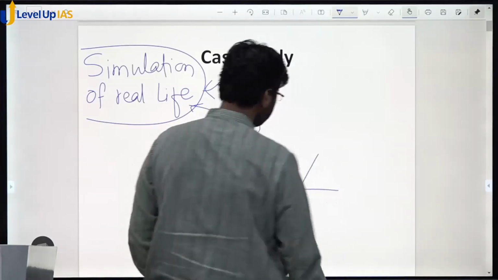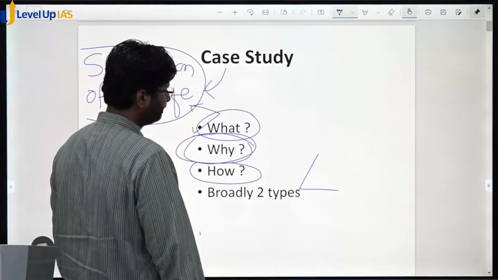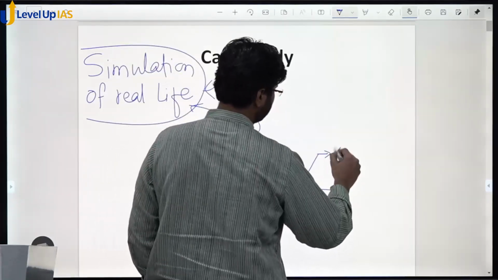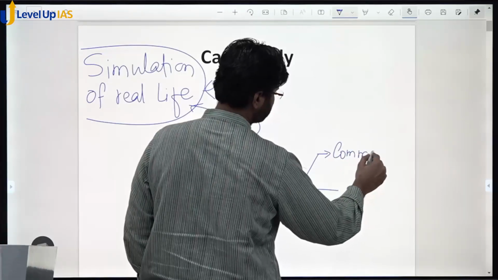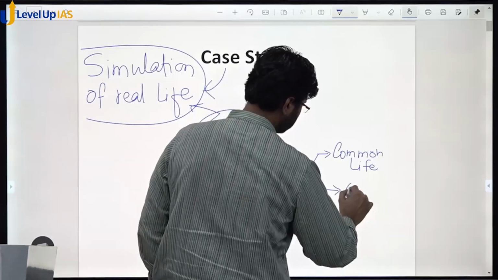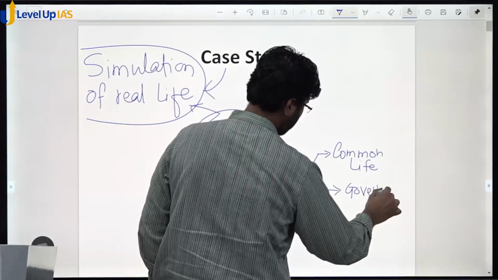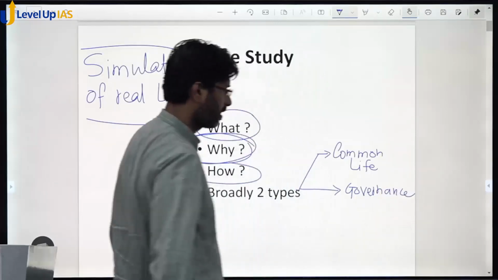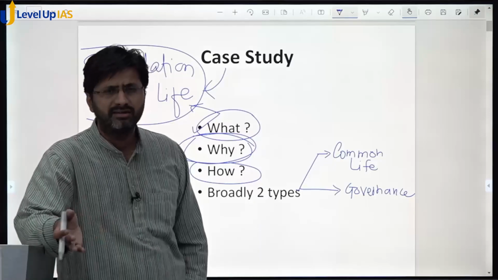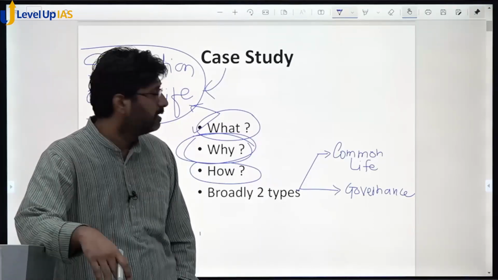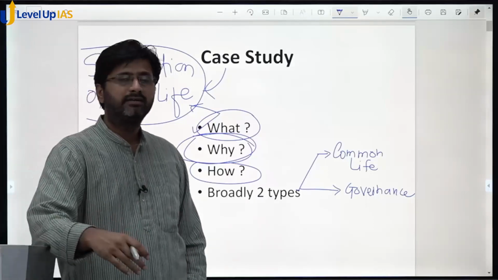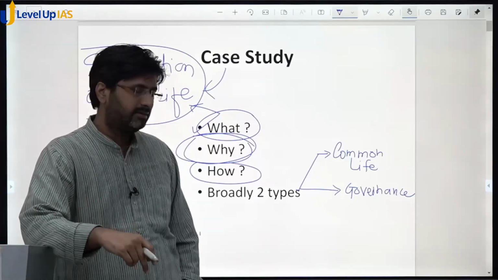So one classification is common life examples, and second is governance case study. Obviously, in governance case studies you are an IAS officer, and most of the case studies will be governance, but there would be some common life case studies also, like your friend, you see something like that.